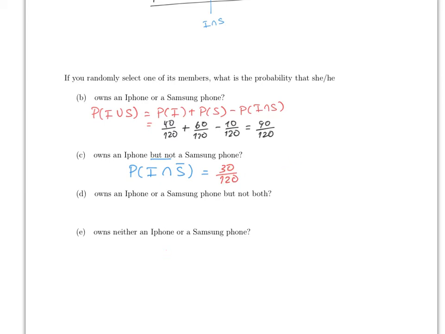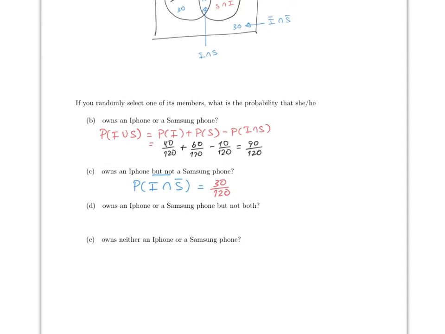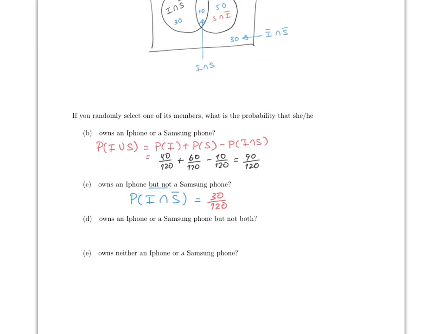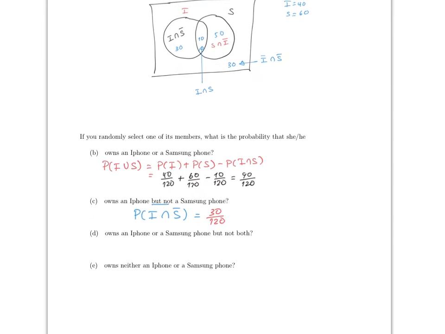Now, what about part D? It says owns an iPhone or Samsung, but not both. This one is a little more tricky. Remember, all these people have an iPhone. All of these people have a Samsung phone.